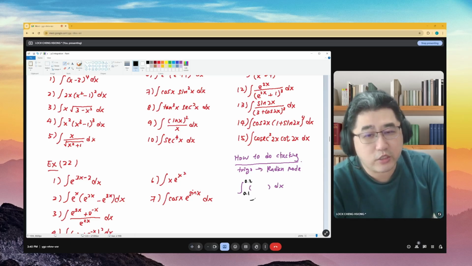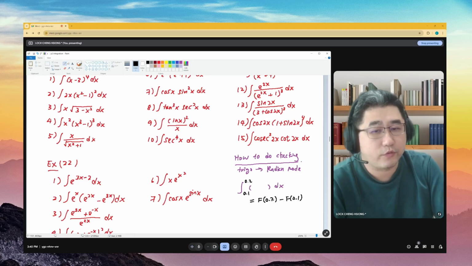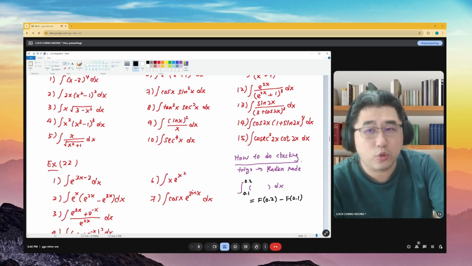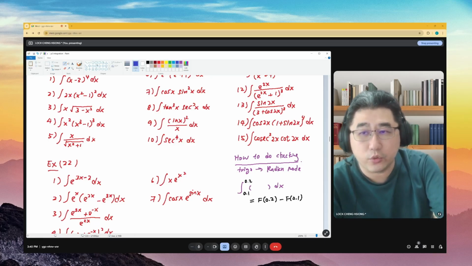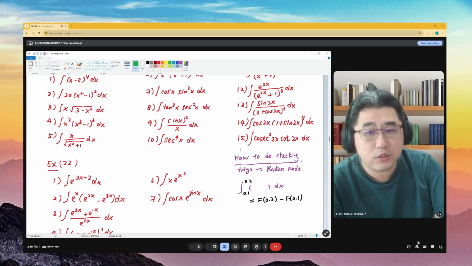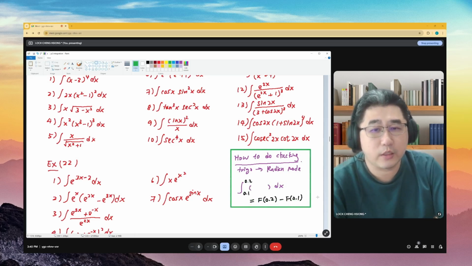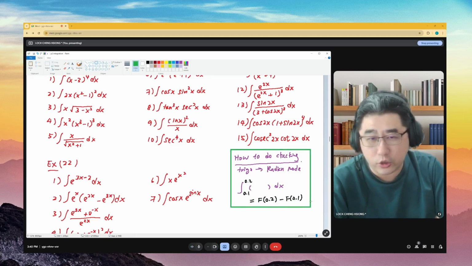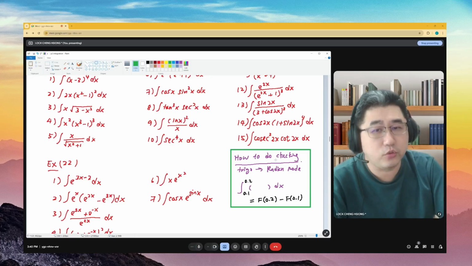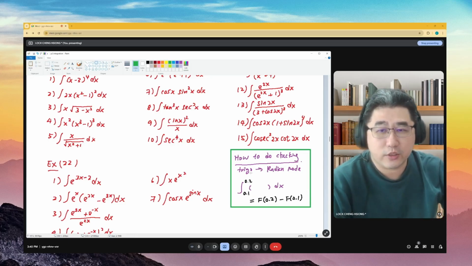Then you can compare with the substitution, f(0.2) minus f(0.1), to see whether you have the same answer or not. If you have the same answer, you know that you got it right. So this checking is to help boost your confidence whether you actually did the question correctly or not. You need to try to do this. Therefore, in this section I didn't give any answer.